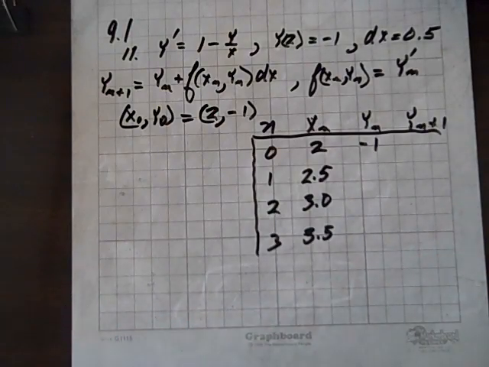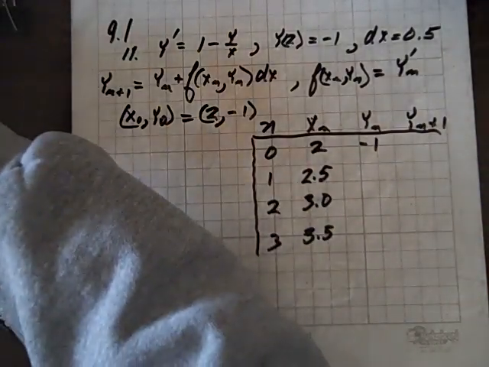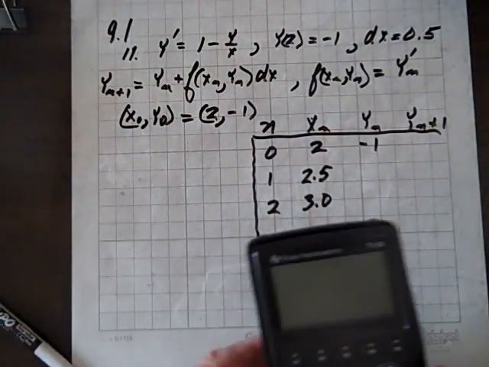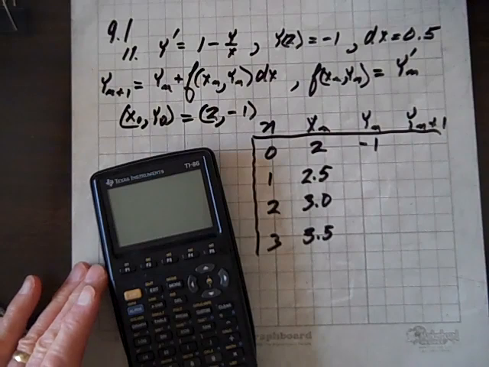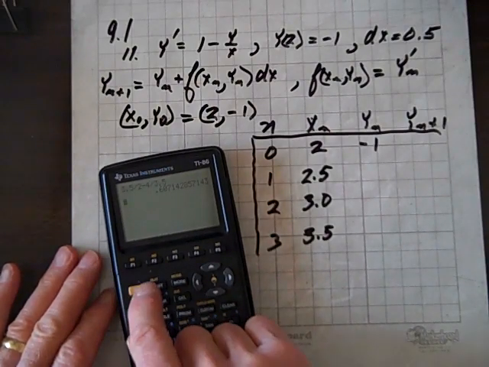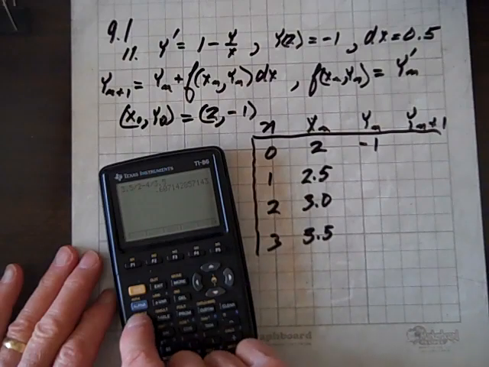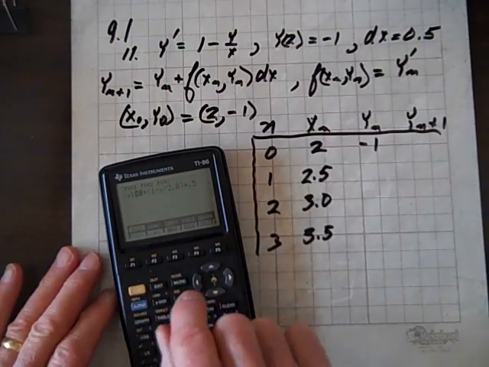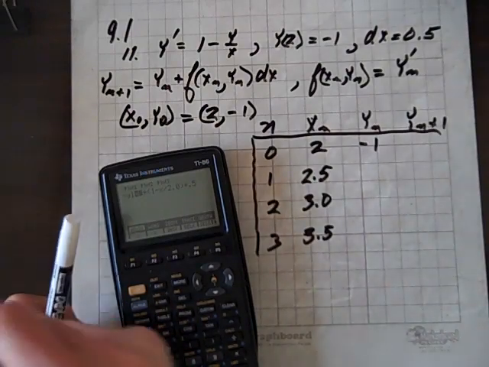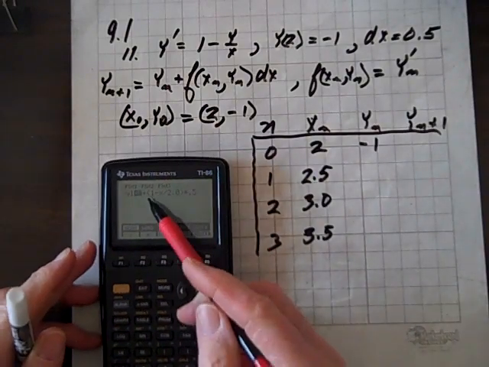So to do that, we're going to use a calculator, and we're going to program that into our calculator. And so I'll go to y equals, and I've already entered it in. Now what you notice here are these x's.